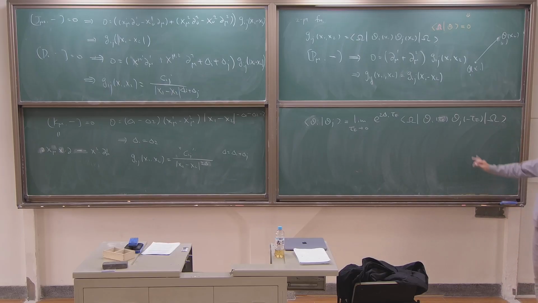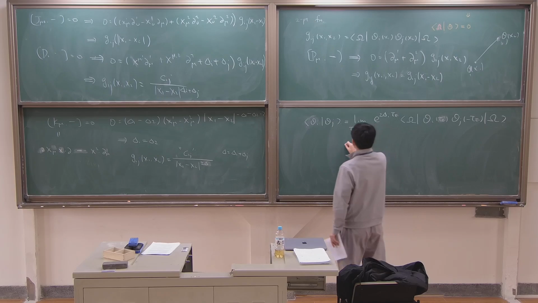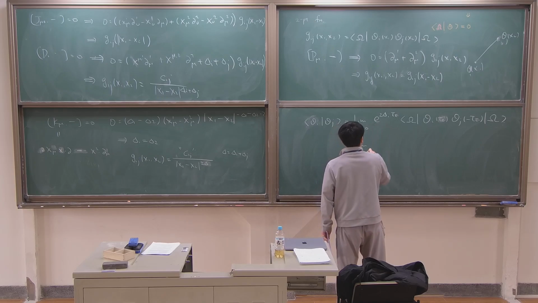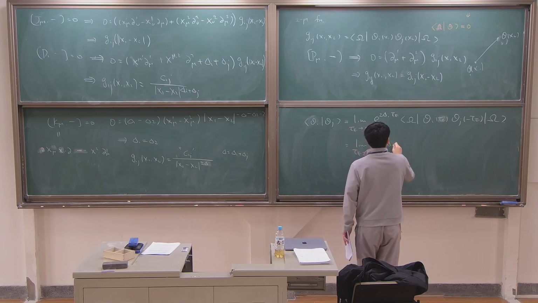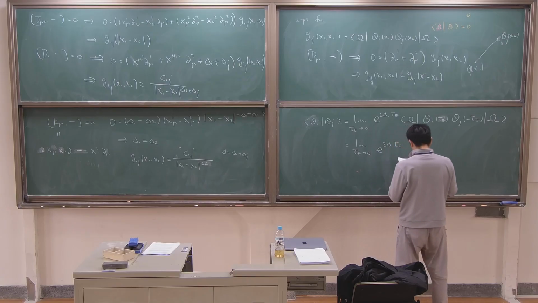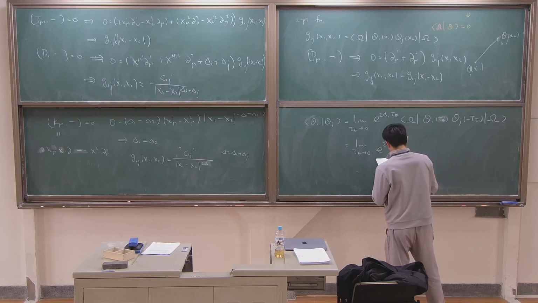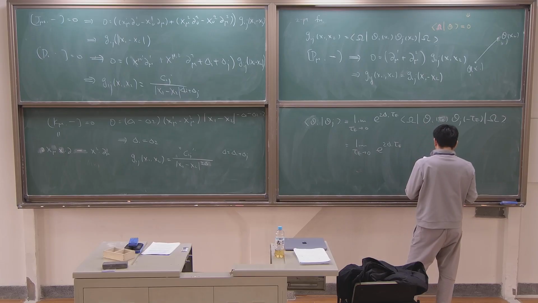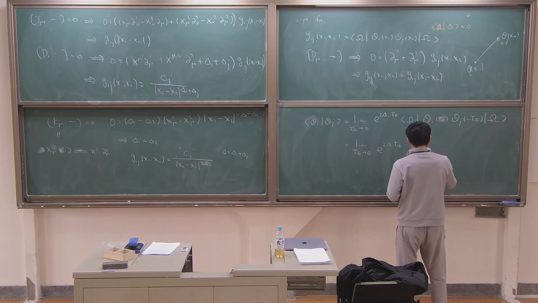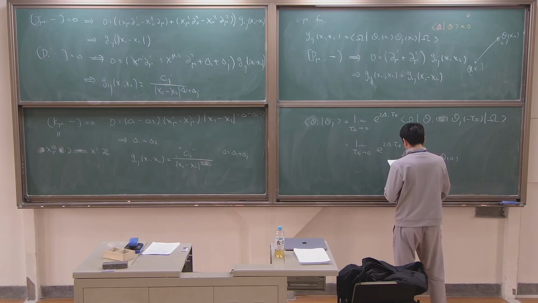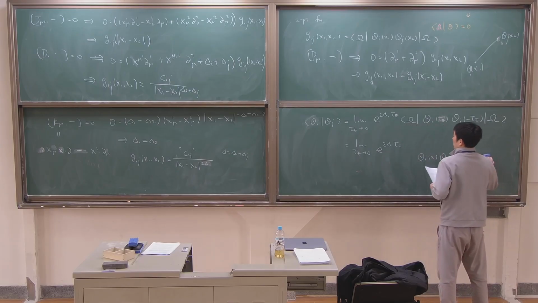But we know this is equal to the limit tau_e goes to 0, e to the 2 delta_I tau_e. And this is equal to O_I of x at 0.